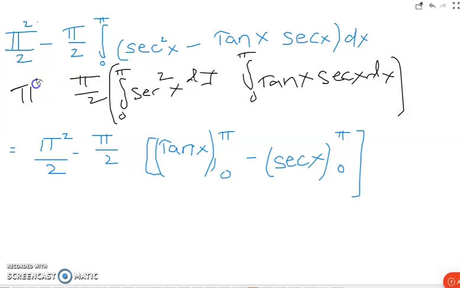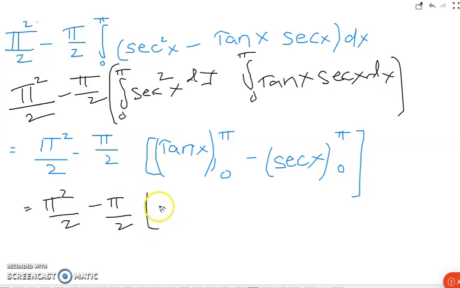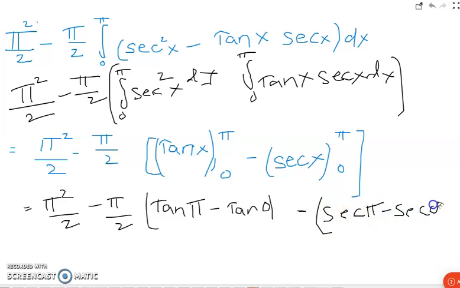Here we have pi square by 2 minus pi by 2. Integration of sec square x is tan x, with upper and lower limits, minus integration of tan x sec x is sec x. So it equals pi square by 2 minus pi by 2, tan pi minus tan 0, minus sec pi minus sec 0.